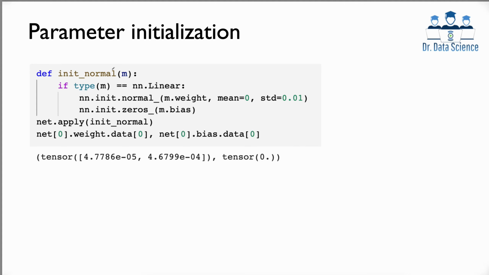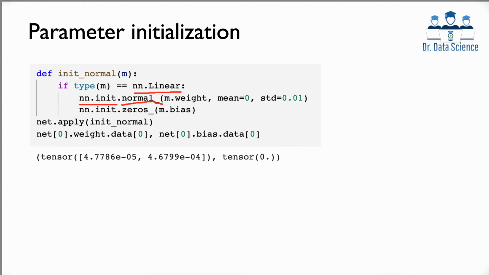And therefore, here when we are defining our initialization function, the first thing we are using is this if statement to see if the layer is this nn.linear, right? In this case, we know that we have a weight and bias that both need to be initialized. And then after that, we can use this nn.init method. And then we can use here a normal or Gaussian distribution for the weights, right?